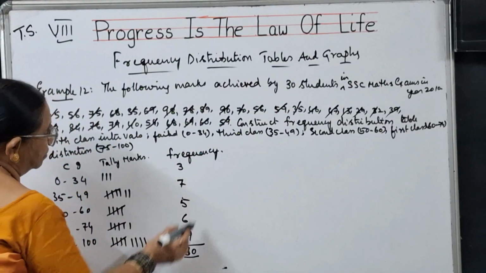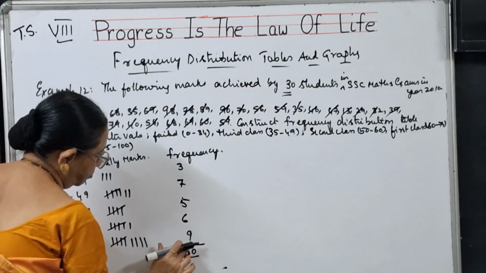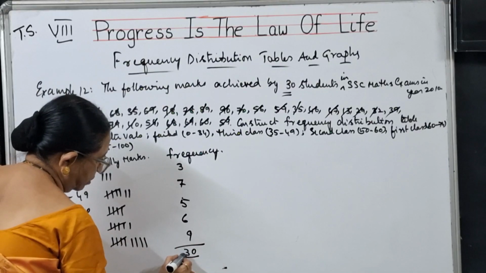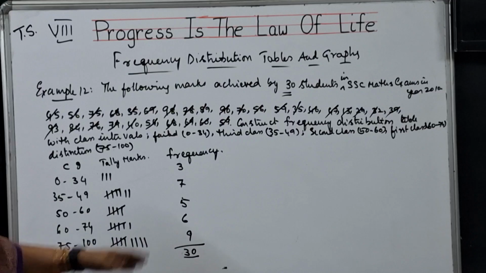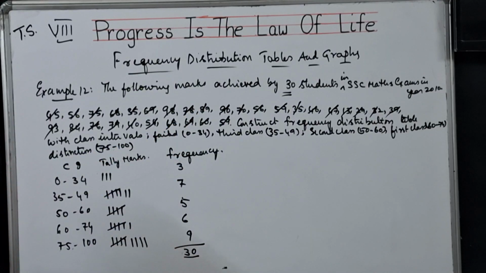If I get the same number that is given here, this and this are the same. That means my tally marks are correct. If the numbers are not the same as the given number, that means your problem is wrong. So this is the way in which you have to prepare frequency distribution tables, children.